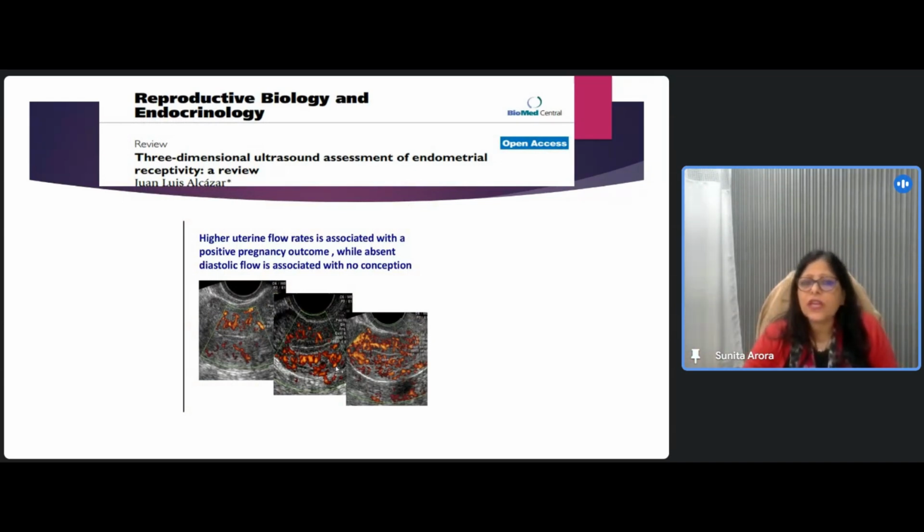Usually when we do our scans, we put in color flow and look at the flows which are going inside. I routinely don't do Dopplers, but color flow I always do whenever I'm taking a decision for embryo transfers. But for some patients who have a scanty flow in spite of all efforts, it is a good idea to put in Doppler and look for end diastolic flows as well.